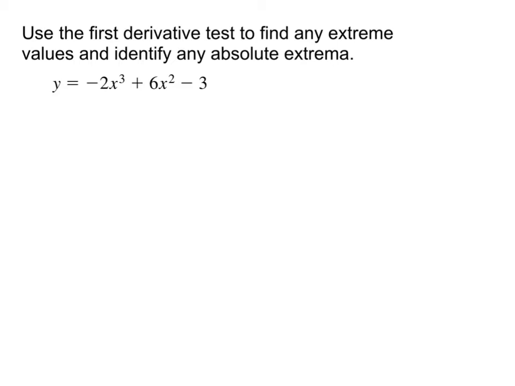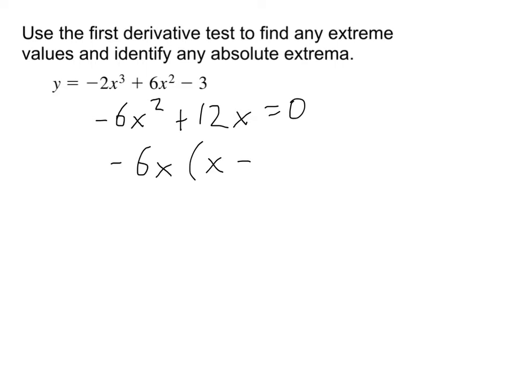Okay, hopefully you took the derivative and you got negative 6x squared plus 12x, and you set that equal to 0. So we can take out a negative 6x from both of these, leaving us an x minus 2 equals 0.